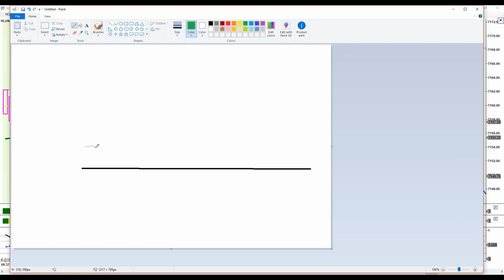Let me make this thicker. Make it green. So let's say volume is crossing 500 contracts per minute, and there's the volume line. Then all of a sudden, the institutional traders come in, and volume goes like that. That's volume per 10 seconds.